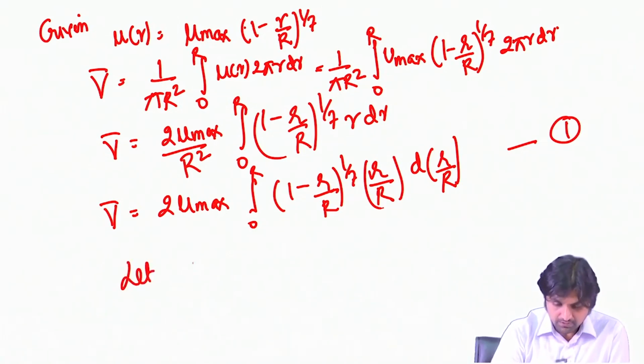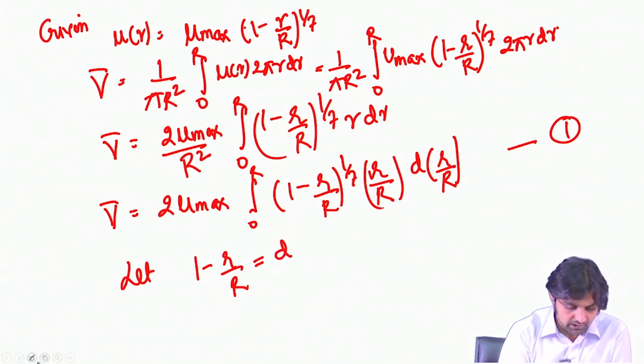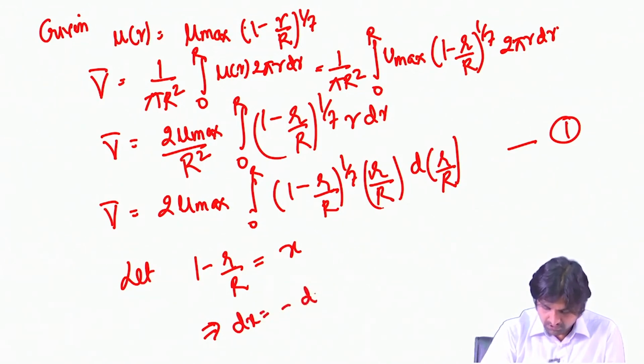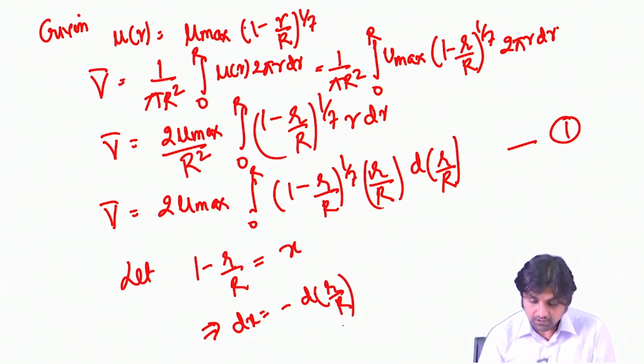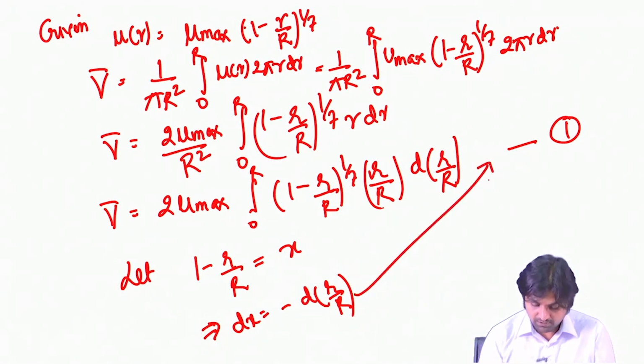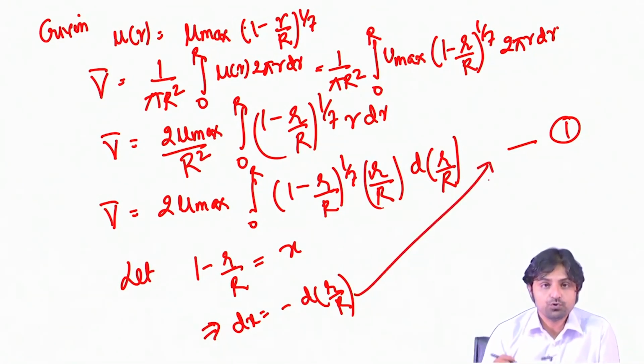Let 1 minus r by R be x. This means dx is equal to minus dr by R. So, if we substitute this in this equation, I will start from here.